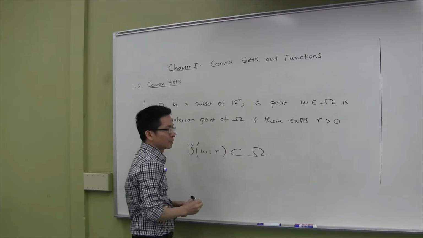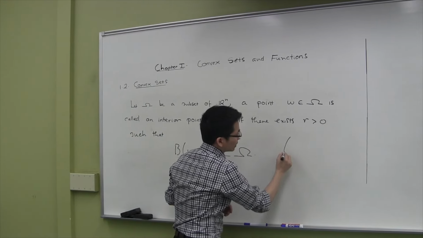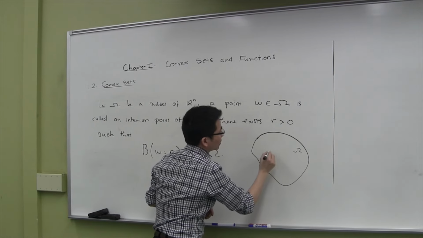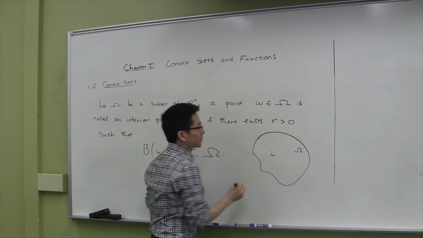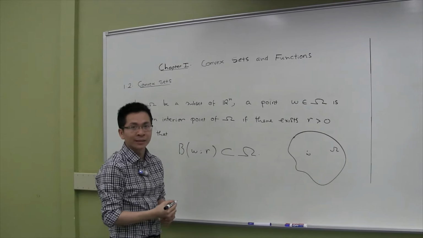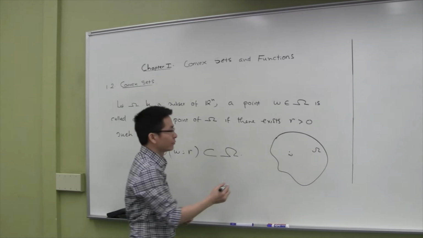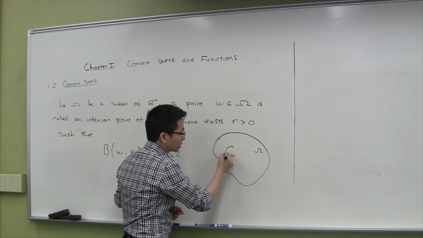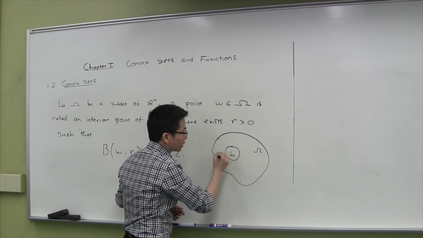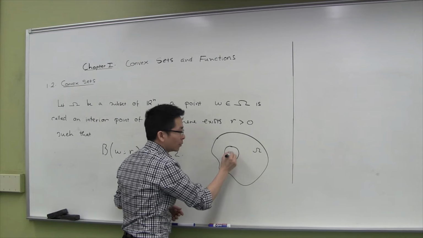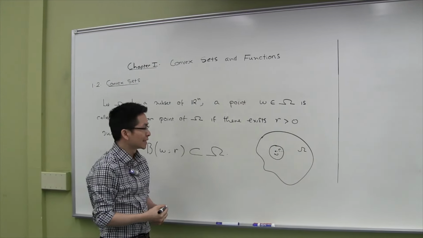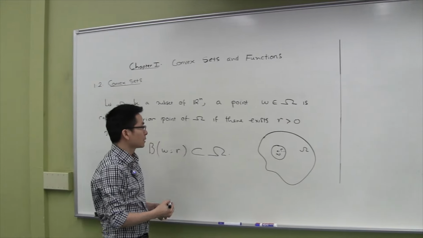Okay, so here we have a set omega, and omega is called an interior point of omega if we can find r greater than 0 such that the ball with center at omega and radius r is a subset of omega.